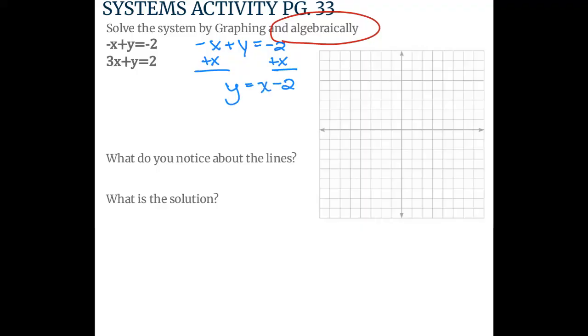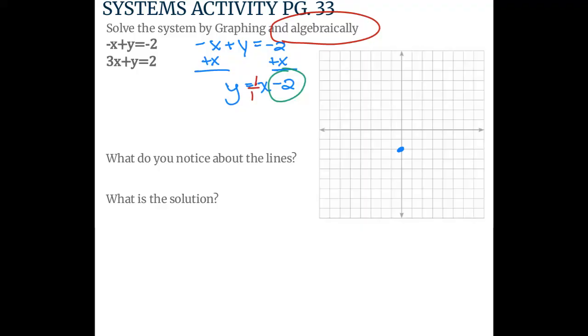If I were to graph this, there is my y-intercept on the y-axis. So negative 2, 2 spots below. My slope, what is my slope? There's nothing in front of x, so 1 over 1.